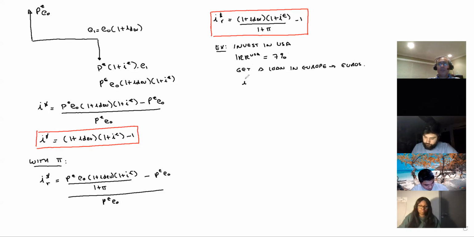Let's assume that the interest rate in euros equals 3%. Let's assume that the expected devaluation rate in USA is 1%, and the inflation equals 0.5%. Okay? So given this information, guys, do you invest in USA or not?